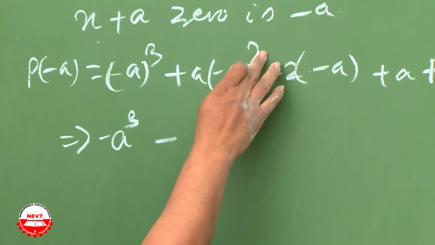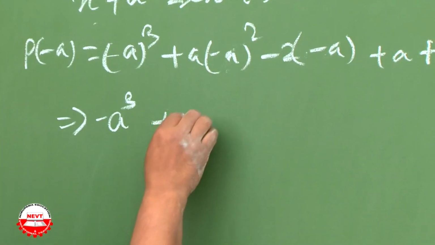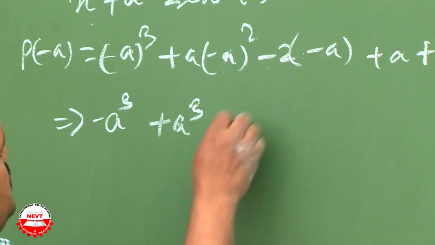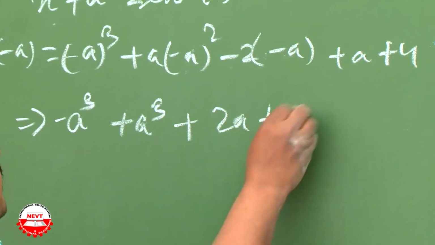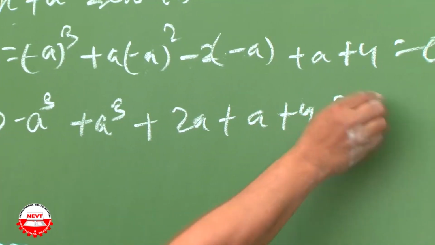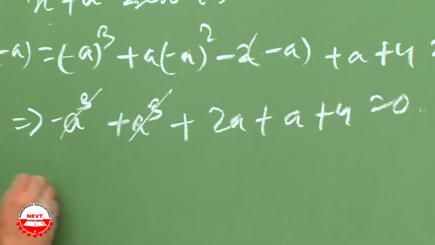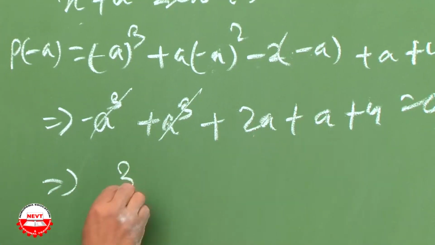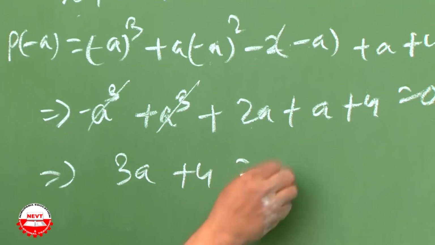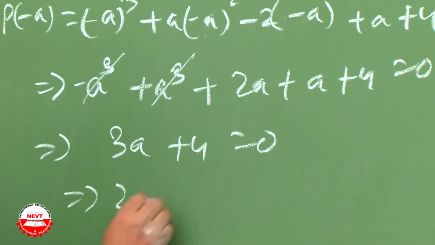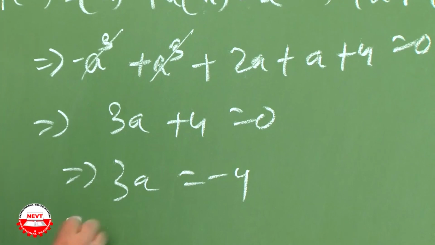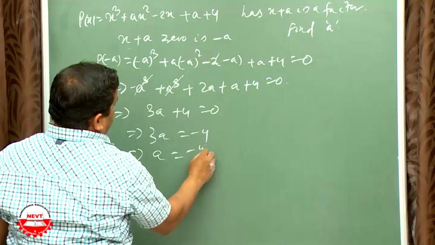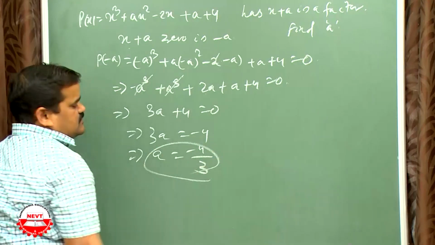This is minus a square is plus a square into a, plus a cube, minus minus plus 2a plus 4 is equal to 0. That means 2a plus a is 3a plus 4 is equal to 0, or 3a is equal to minus 4, or a is equal to minus 4 by 3. So this is the answer. It's okay.